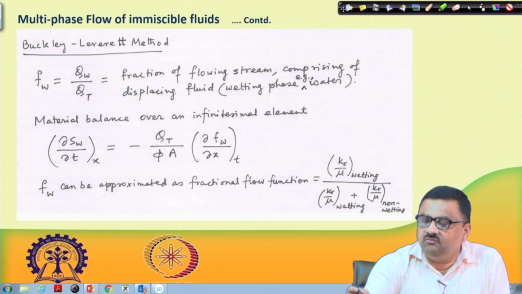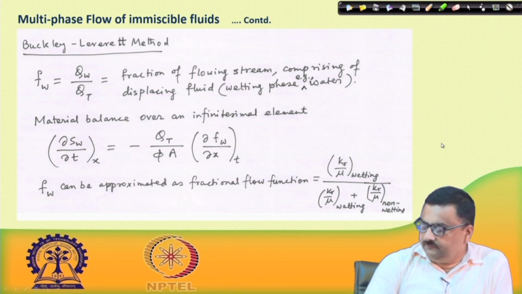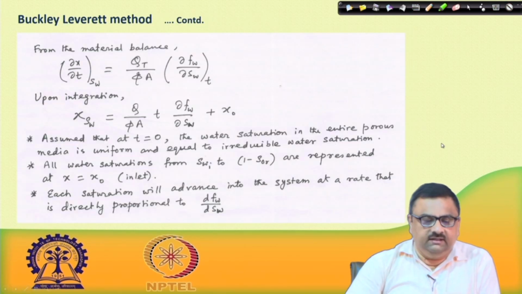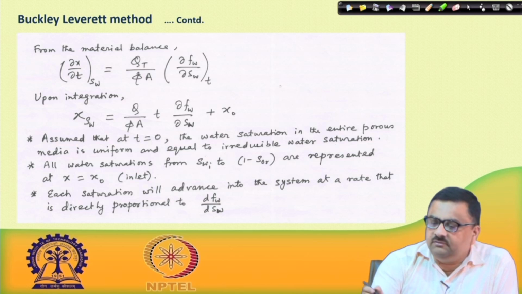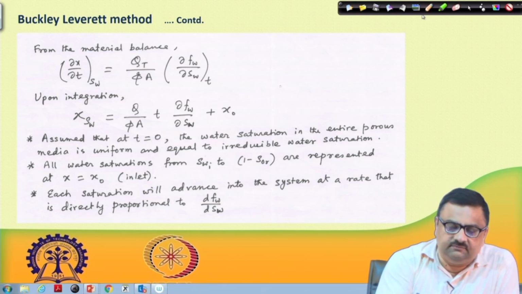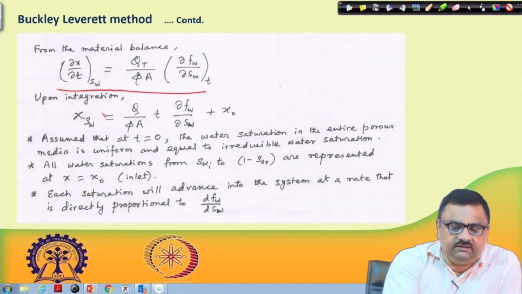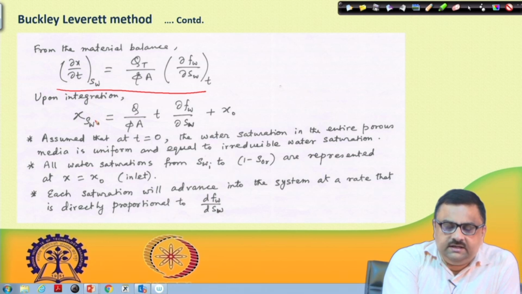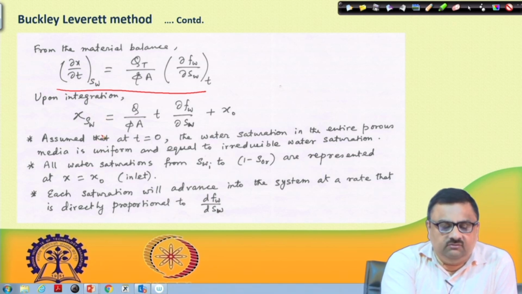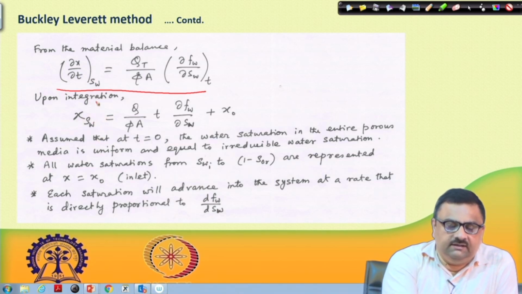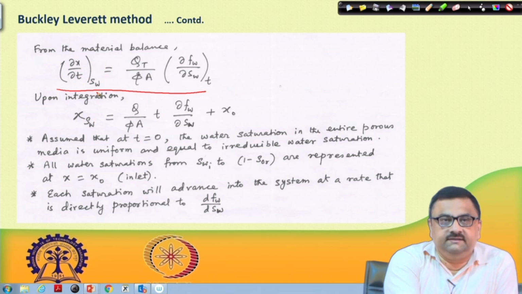So, next, what is done here is there is some readjustment in this material balance in the form of this equation, and then this equation was integrated. So, del x del t at constant SW.